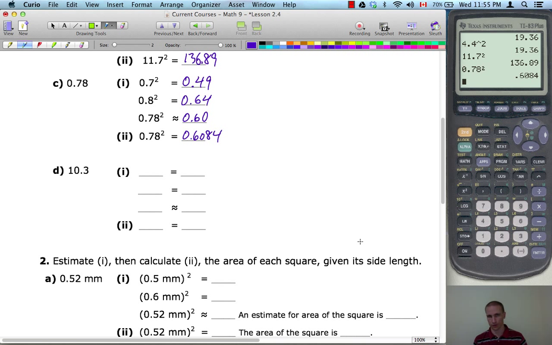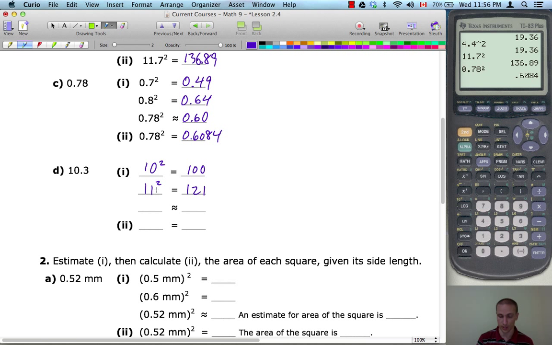Now you can see they give you a little bit of freedom. They say, okay, so you've got the idea, you should be able to fill in all the sets of blanks here to go through that process of estimating and then calculating. So again, if you're looking to figure out 10.3 is the square root of what number, approximately, you would start by looking at that 10 squared is 100 and that 11 squared is 121.